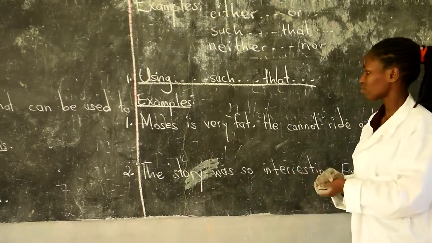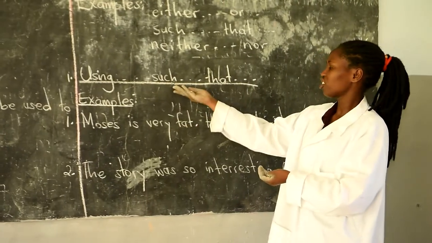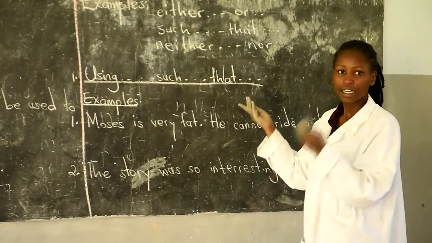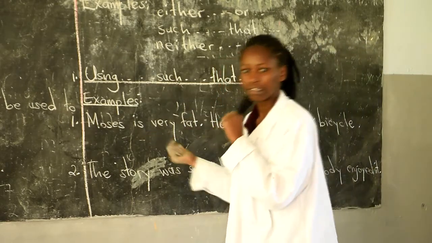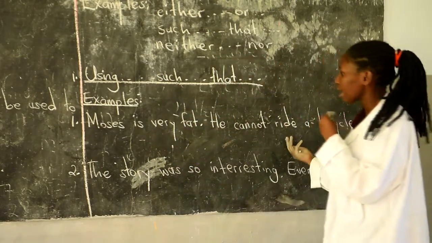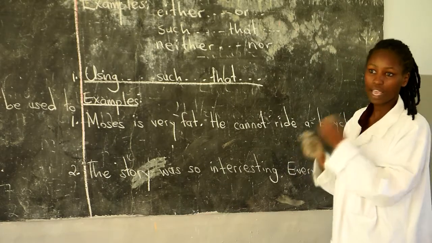So, we want to use such, dash, dash, that. The first question you may ask yourself: where am I going to put such? Where am I going to put that? This is how we are going to do it.